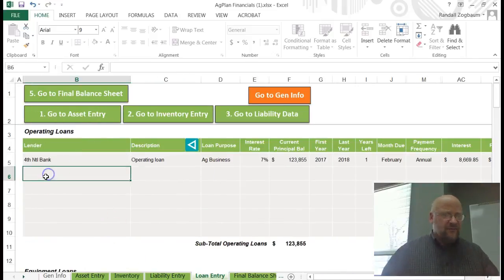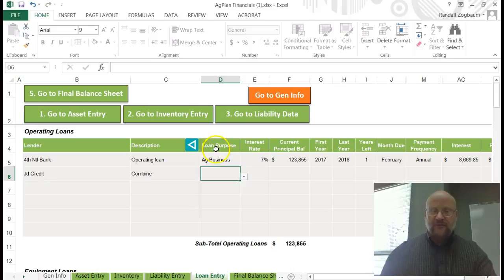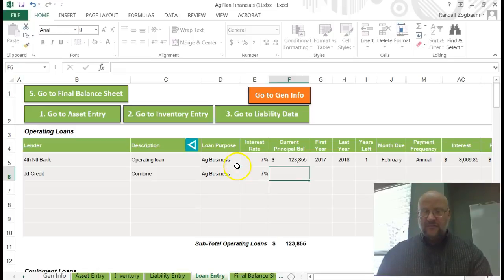So then we have JD credit. This is for the combine. Interest rate, 7%. Balance.